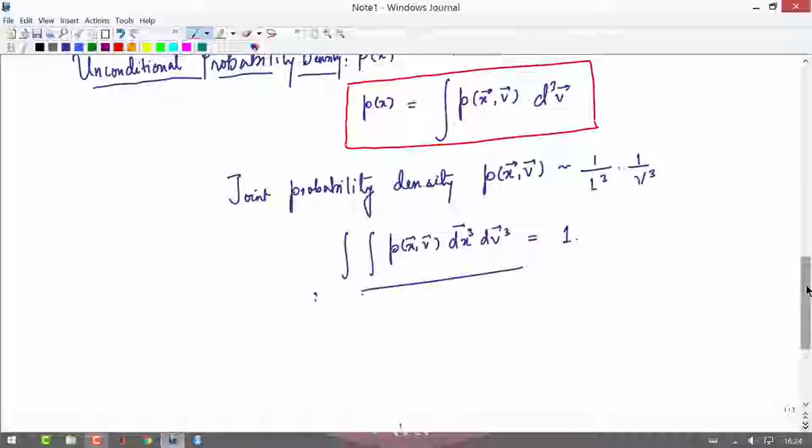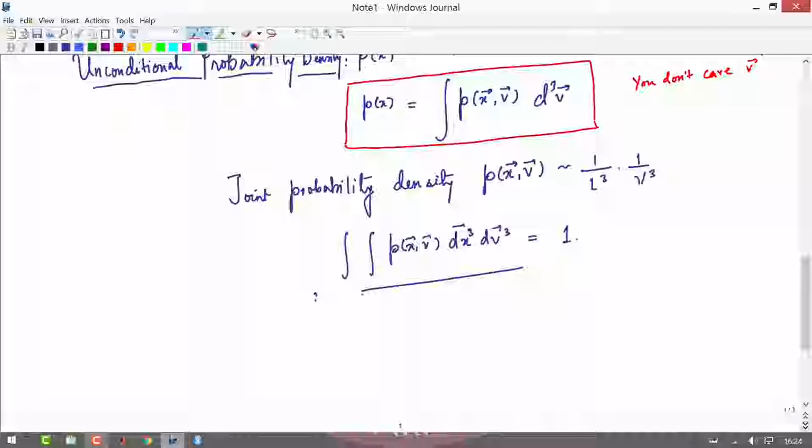Now, this is basically a concept that says that I want the information of a small subset of variables, and I don't care what the values of the remaining subset of variables are. Like in this expression, you don't care about the velocities, because that is one subset of your variables.